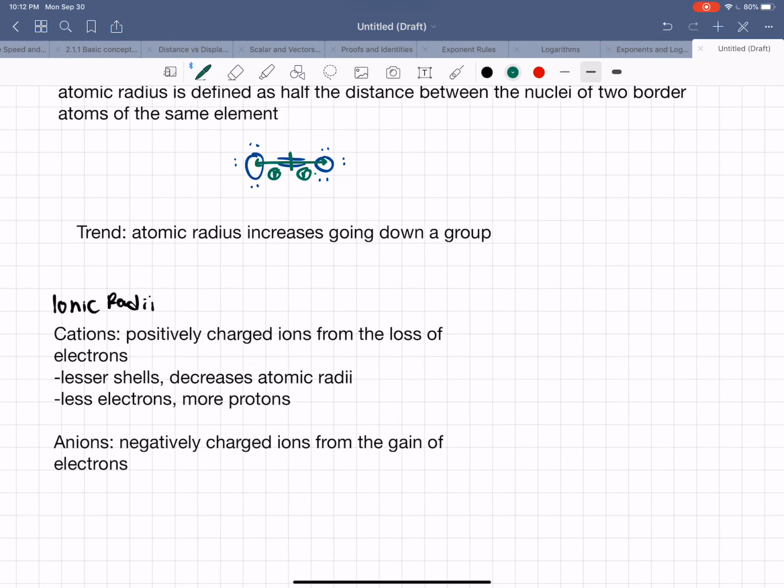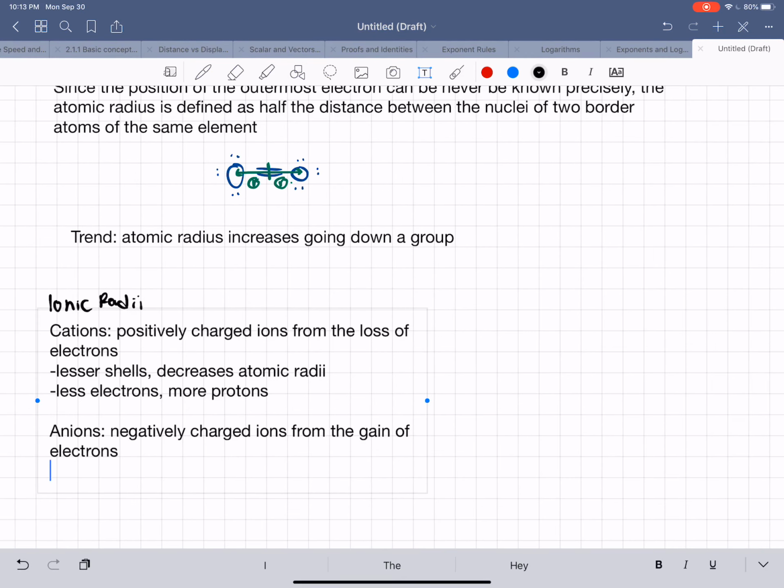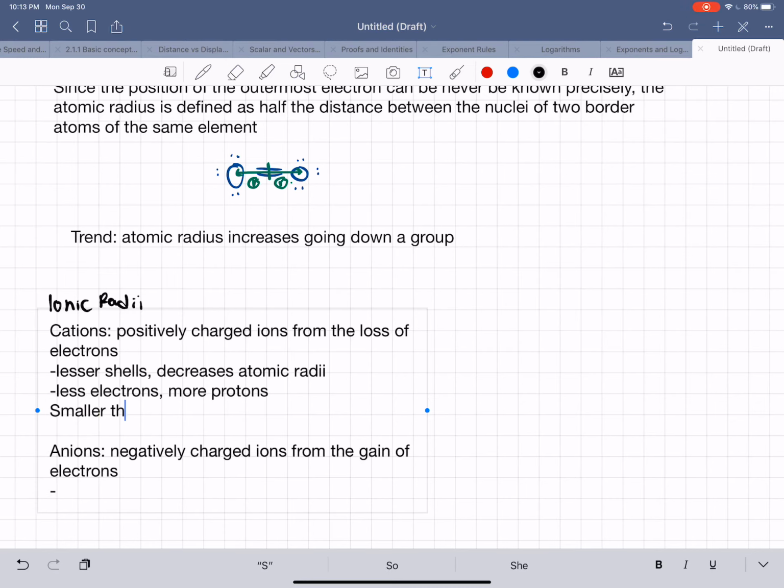For anions, it's the same but in reverse. Anions are larger than the non-metal atoms from which they are formed because more electrons are present than protons. So cations would be smaller than the metal, and anions would be larger than the non-metal, because there are more electrons than protons.